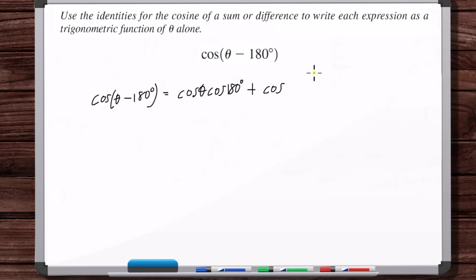Cosine of 180 degrees is -1, and sine is 0. So we've got minus cosine theta.